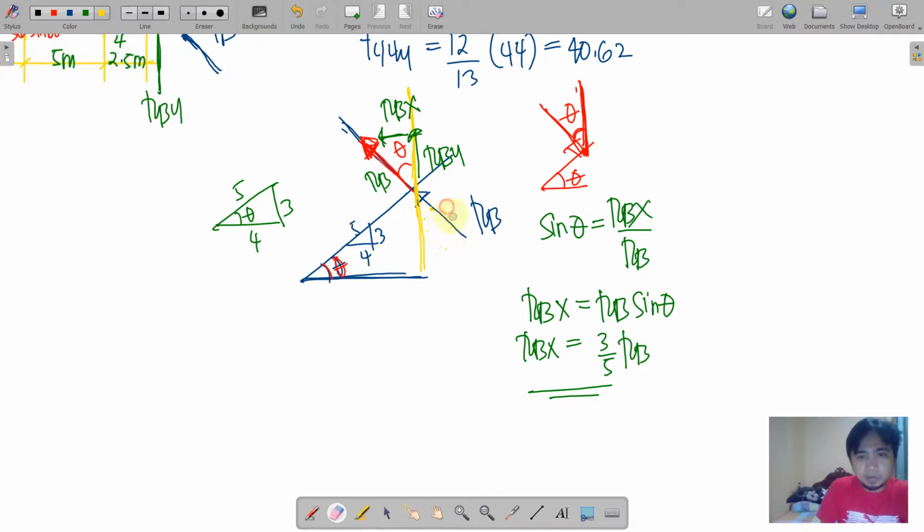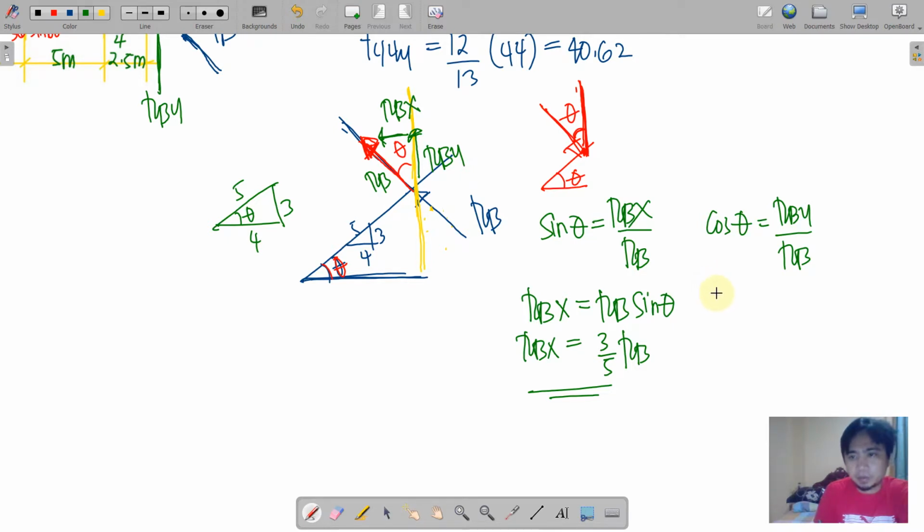so moving on, obviously our RBY will be cosine function, RBY all over RB. Okay, and cosine is 4/5.